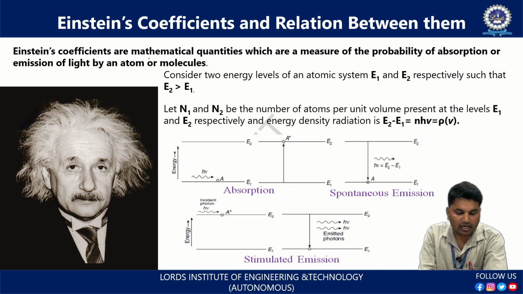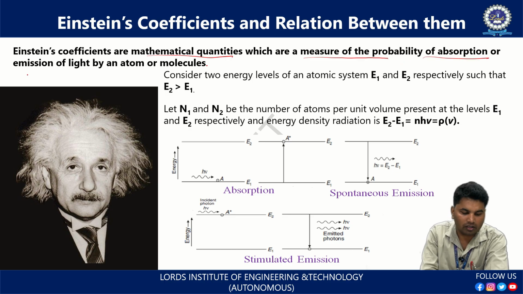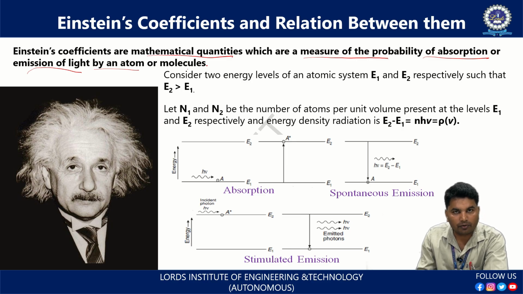Einstein coefficients are mathematical quantities which are a measure of the probability of absorption or the emission of light by an atom or molecules. So here we are discussing the quantity based on the absorption and emission phenomena.